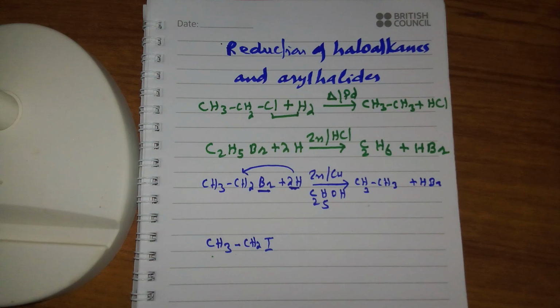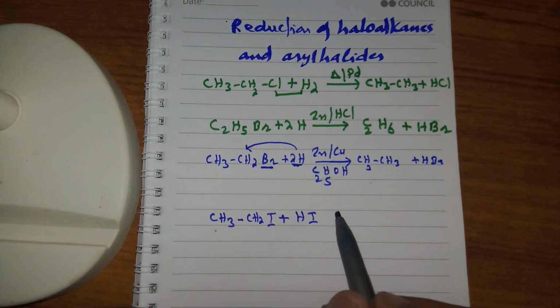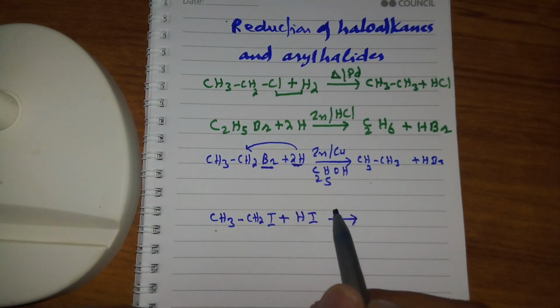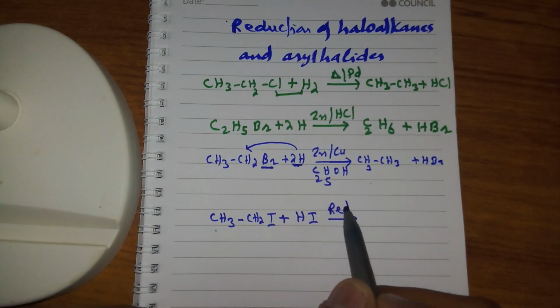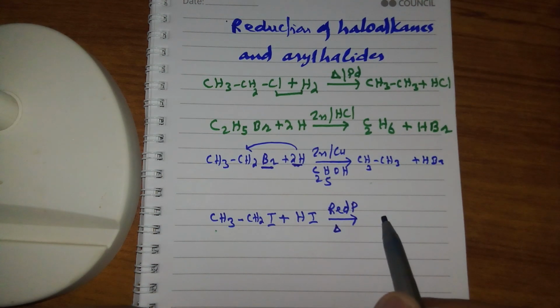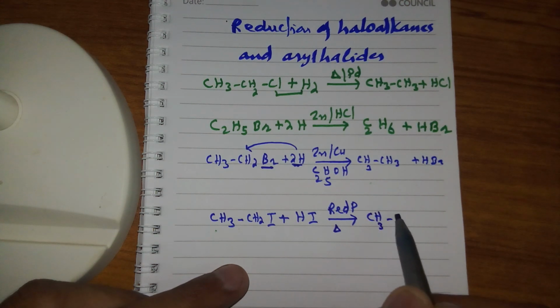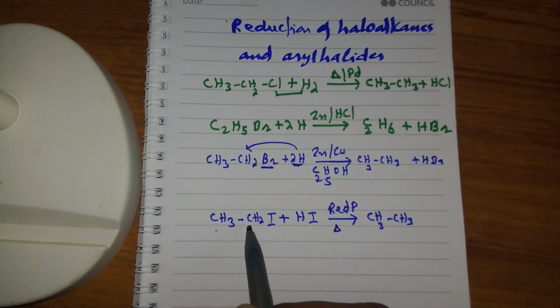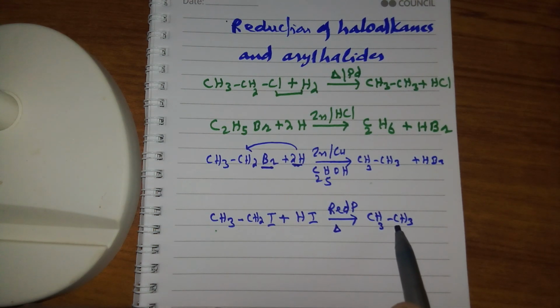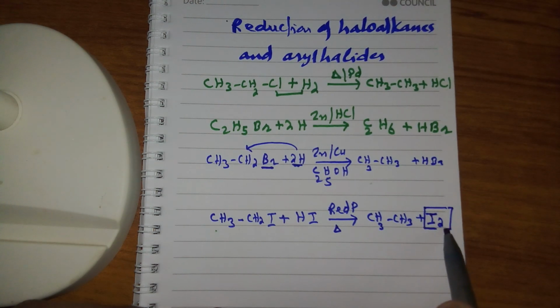Now if ethyl iodide is made to react with HI, hydrogen iodide, in the presence of red phosphorus, and some heat is required, what will happen? This reaction will be CH3 and CH3. It will produce the product ethane, and here will be the formation of iodine.